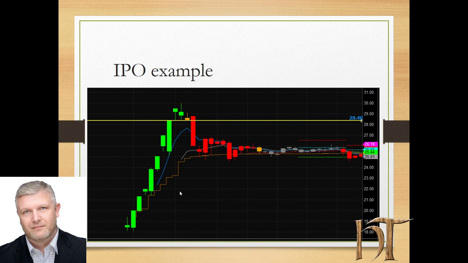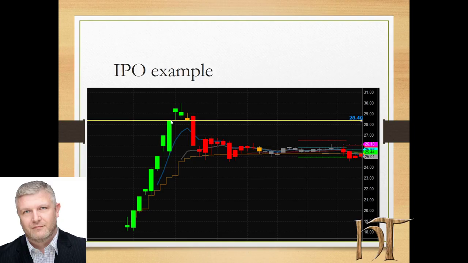If we look right here, it was halted, because you can see that where this candle starts is not the same as where this candle finishes. There's a halt. This goes into a halt up and resumes here, pulls it back a little bit, and then carries on moving up.